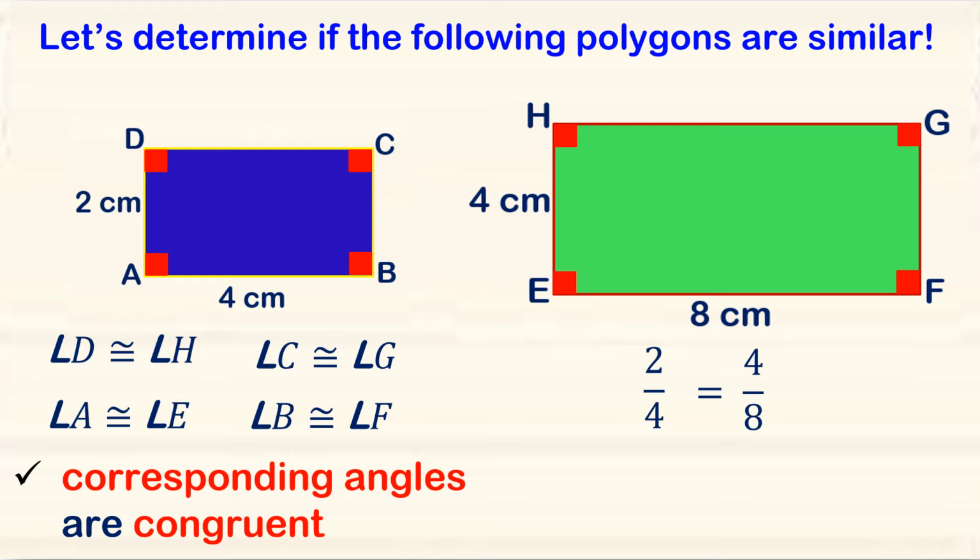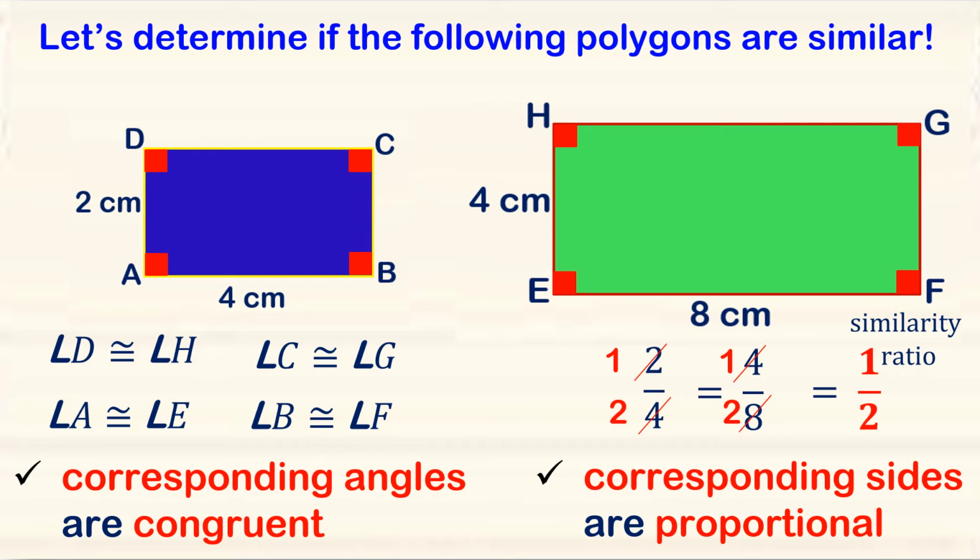Here, we can simplify 2/4. Dividing both the numerator and the denominator by 2, it is equal to 1/2. Then for 4 over 8, we divide both the numerator and the denominator by 4, so it is equal to 1/2. So there is a similarity ratio which is equal to 1/2.